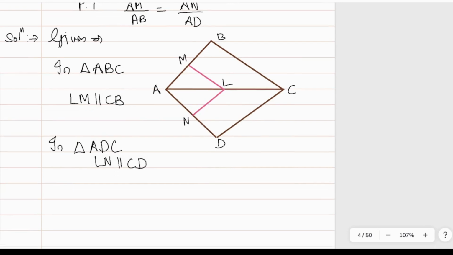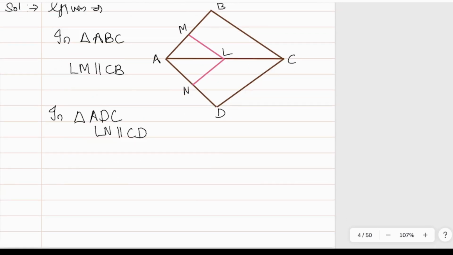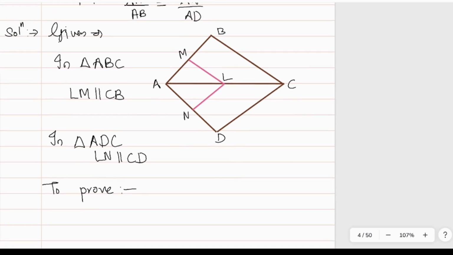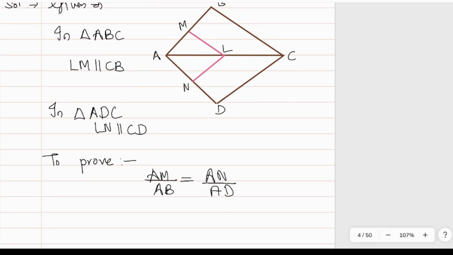So first we wrote the given item. Then what we have to write? To prove. What we have to prove? To prove that AM by AB equal to AN divided by AD. This is what we have to prove here.